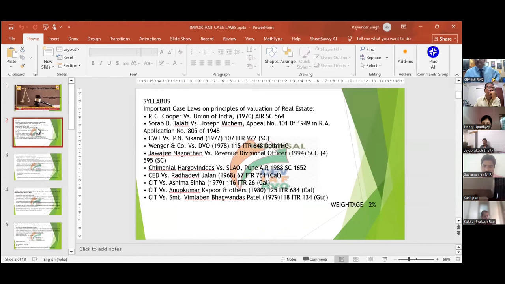Sometimes during a valuation or during some litigation, you may be comfortable to quote these case laws to defend your valuation report as well as yourself also. So it is very important to understand that different case laws are related to real estate valuation, and these case laws carry 2% weightage in your examination also.